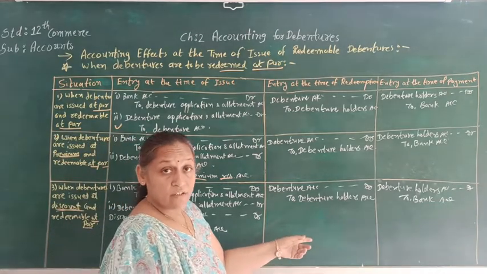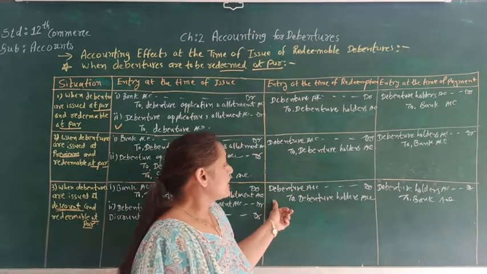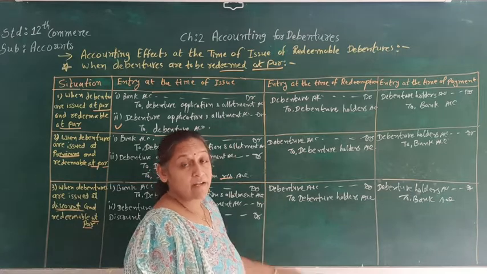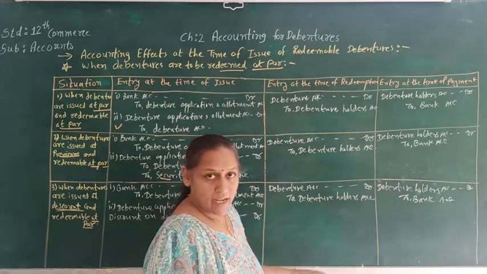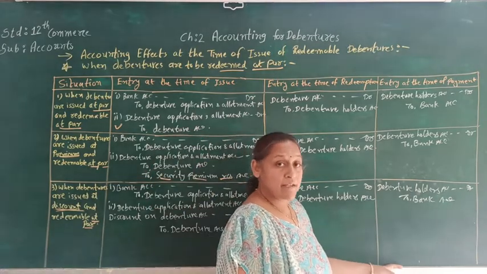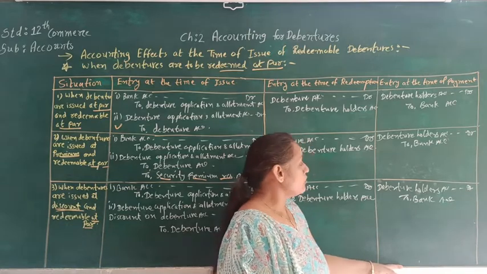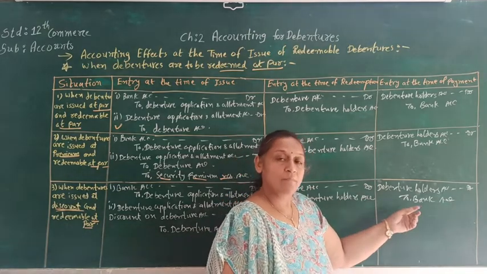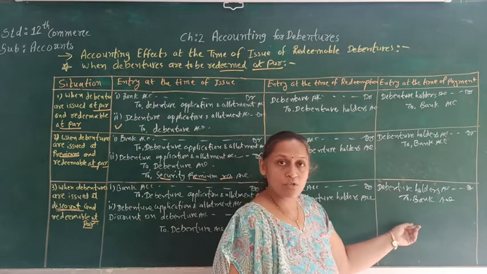When we are redeeming, the journal entry will be: debenture account debit to debenture holder, and at the time of payment, debenture holder account debit to bank. That journal entry is supposed to be passed.